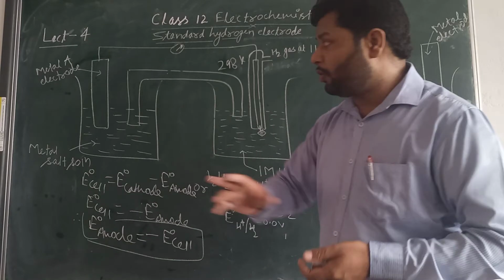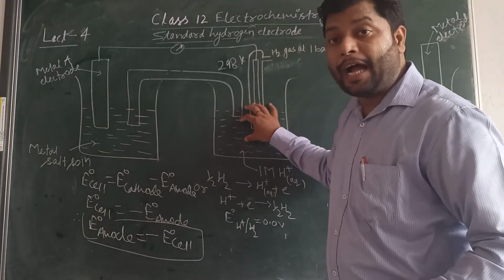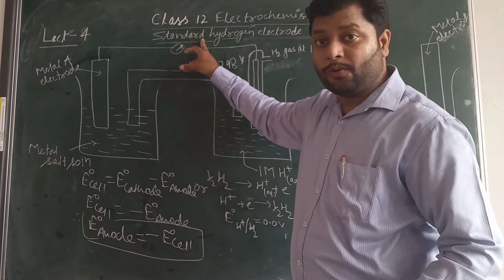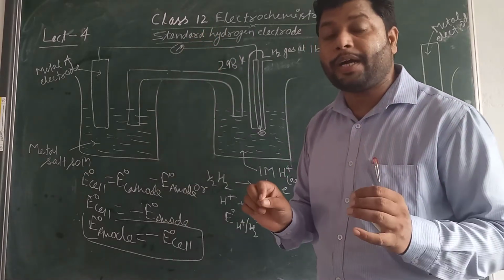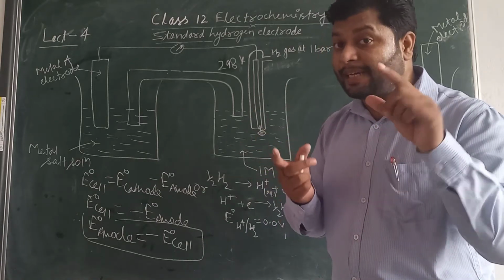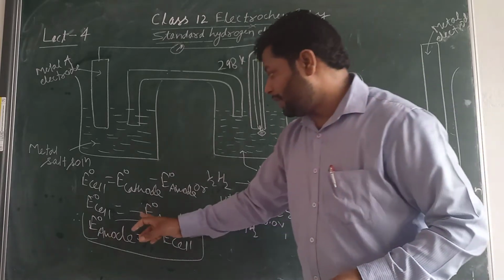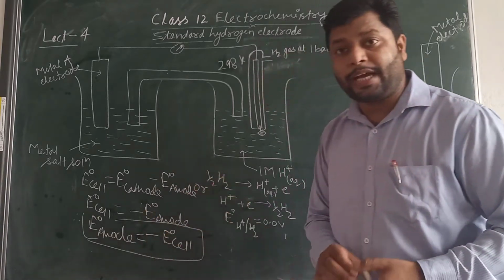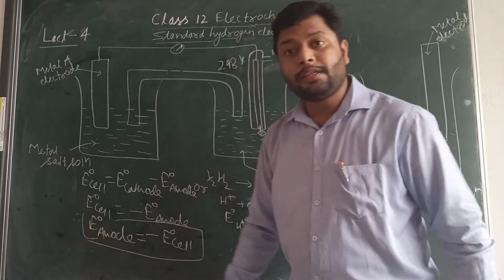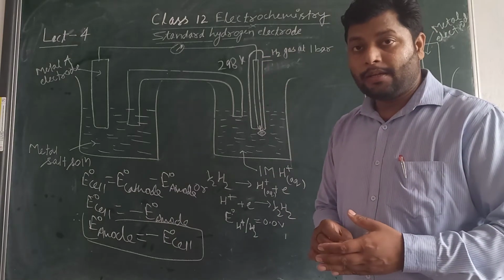When a zinc electrode dipped in zinc sulfate is attached with the hydrogen electrode, the E naught cell value is 0.76 volt, but the anode potential, the zinc potential, will be minus 0.76 volt.